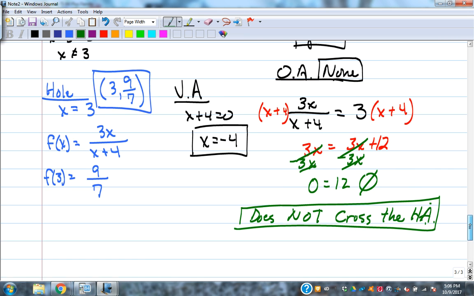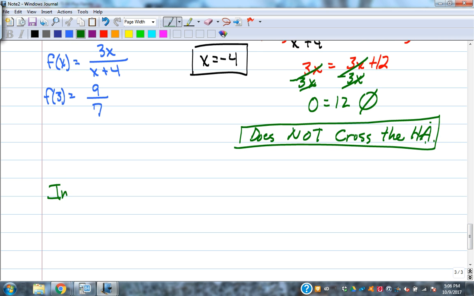Okay. Last thing we're going to find is intercepts. So how do we find the x-intercepts? Set the what equal to 0? Numerator. That's easy enough. x equals 0. So our intercept is at 0, 0.